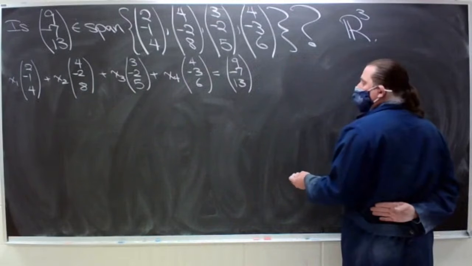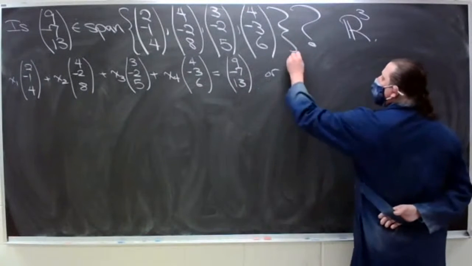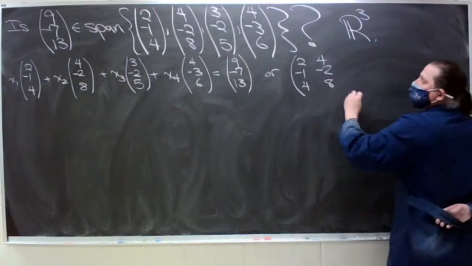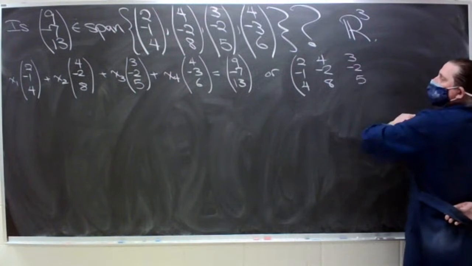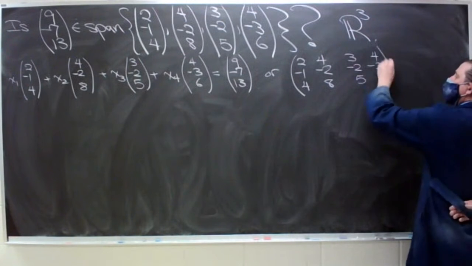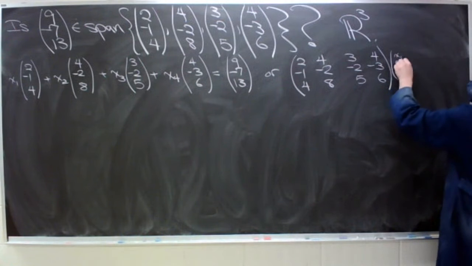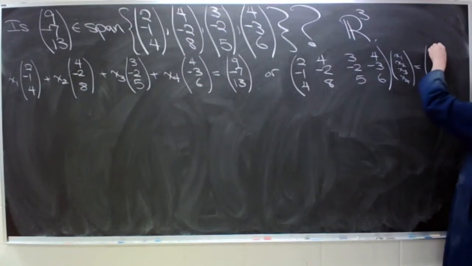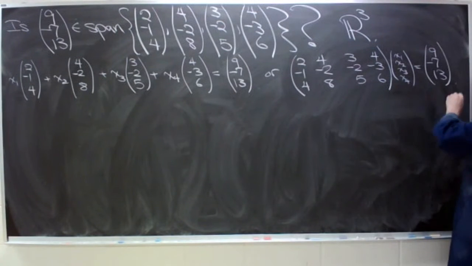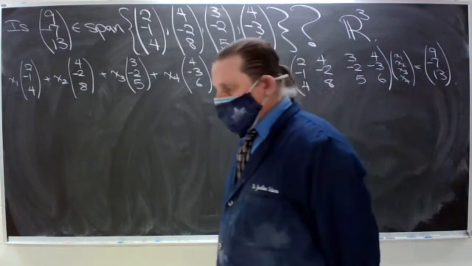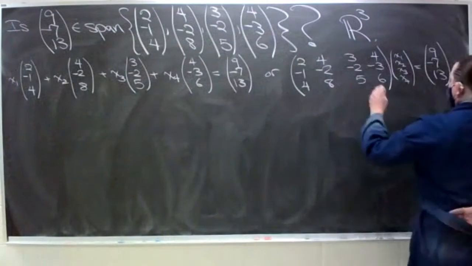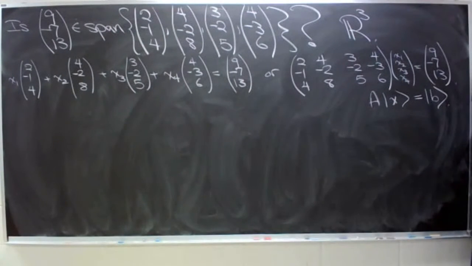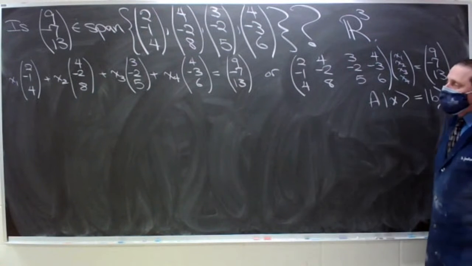So it could be the output of matrix multiplication, which is often written as Ax equals b. All right?